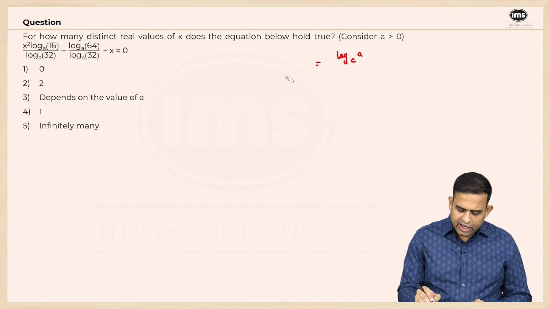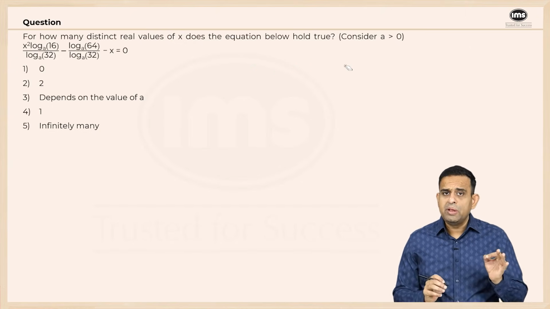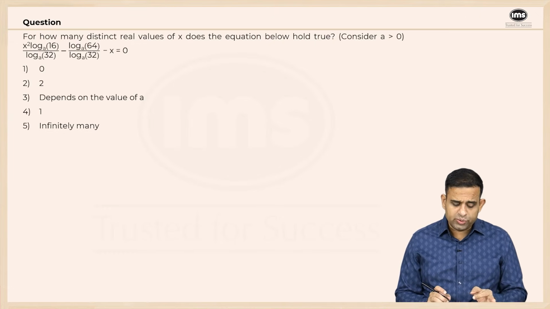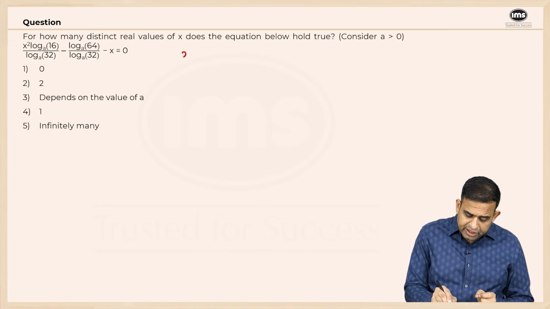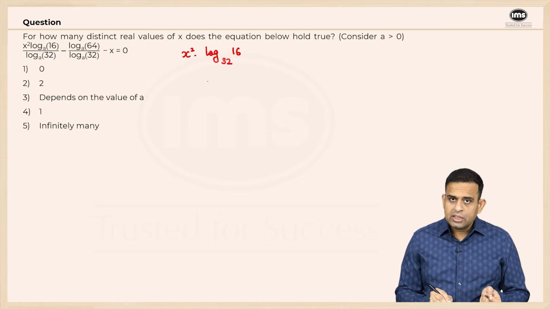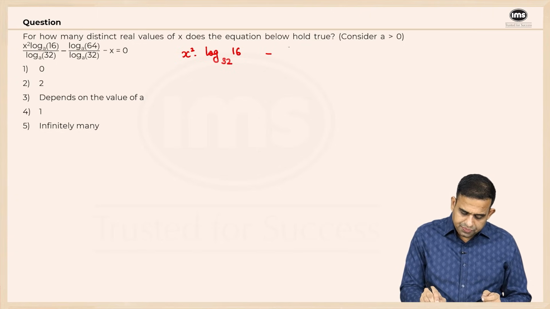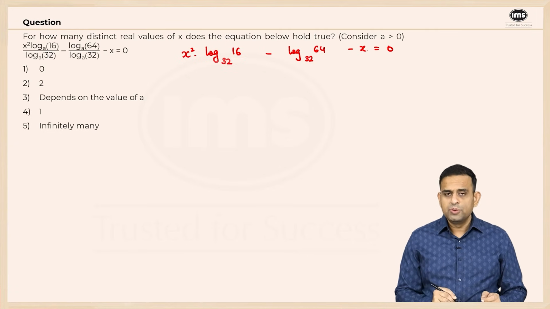So if I do that, and if I see what is the possible mistake people might have made in the actual exam as well, the expression will be written as x square times of log of 16 base 32, the next term will become log of 64 base 32, minus x equals 0.